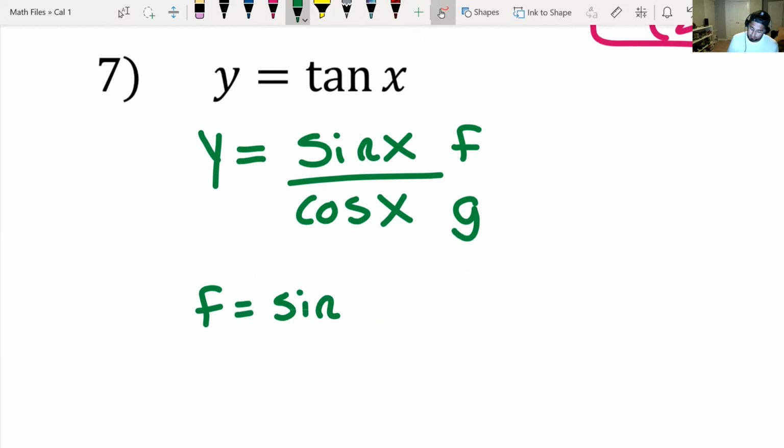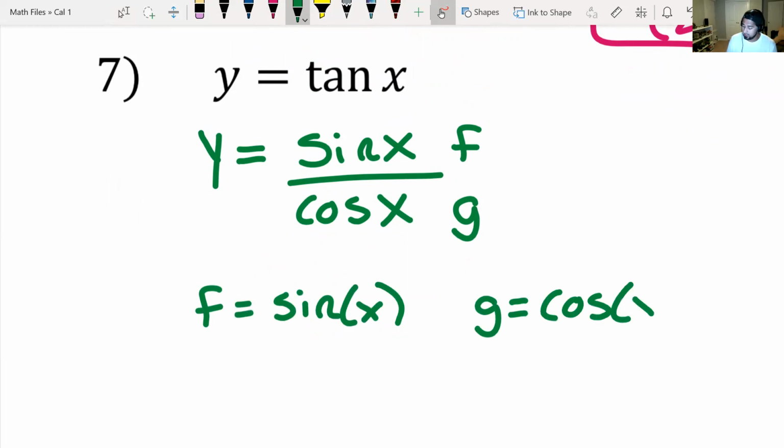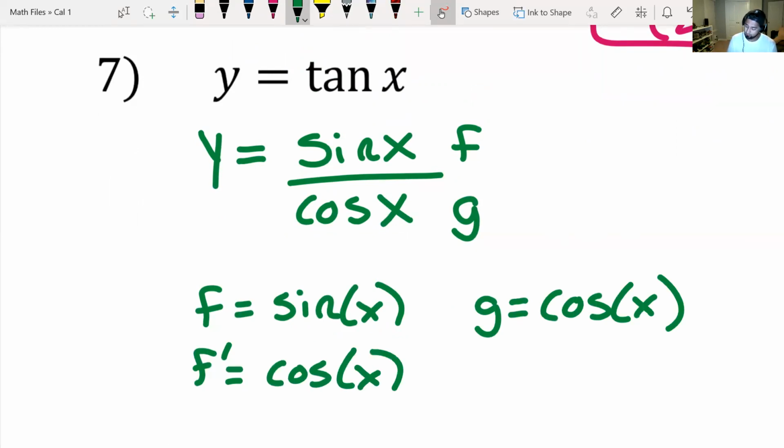F is sine of x. G is the cosine of x. F prime is cosine x. G prime, negative sine of x.